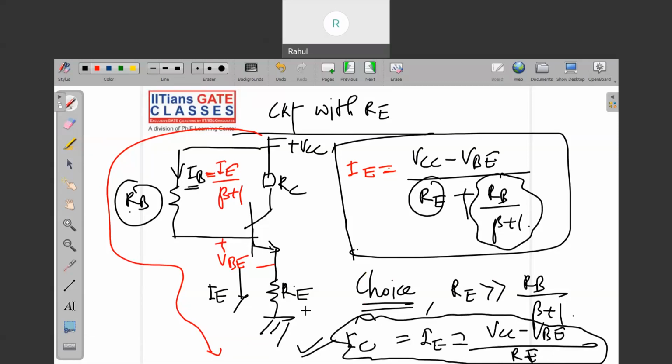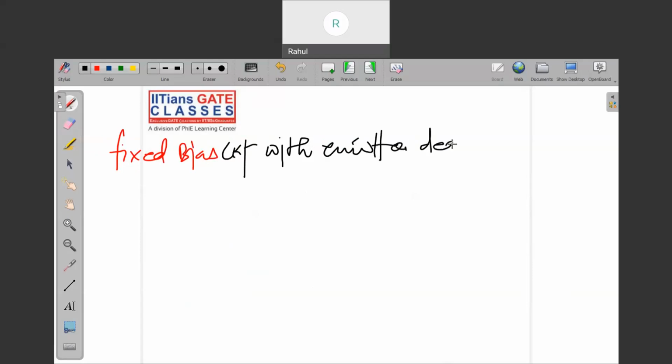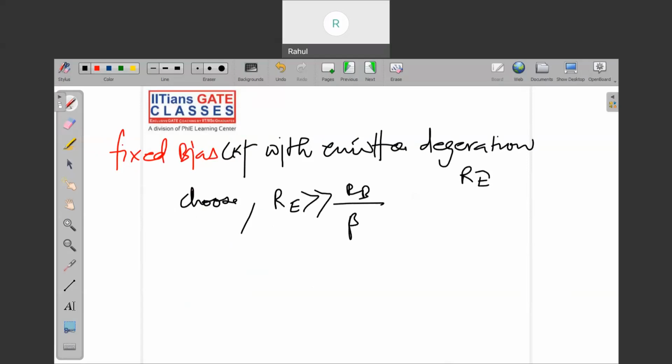But in case of the circuit with RE, in case of emitter degeneration, in fixed bias with emitter degeneration or RE, your choice is to choose RE far greater than RB by beta plus 1, always.